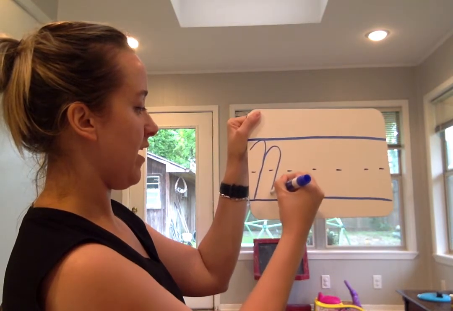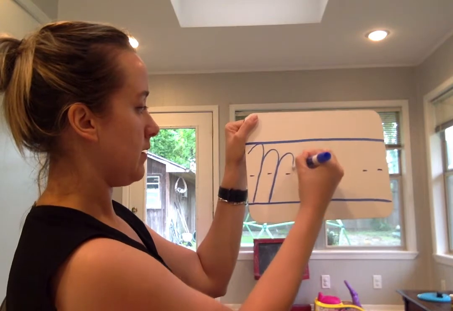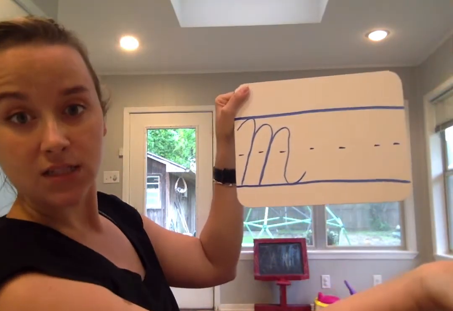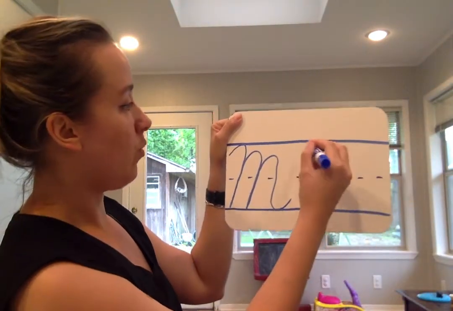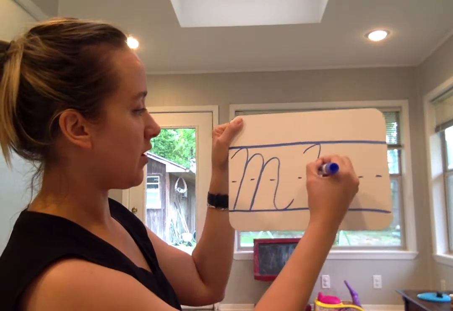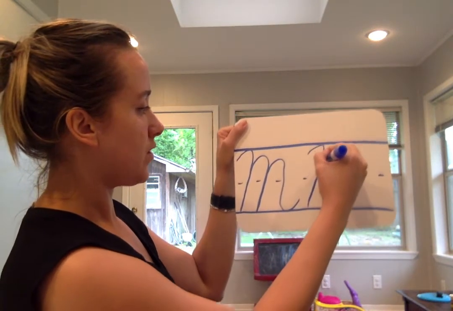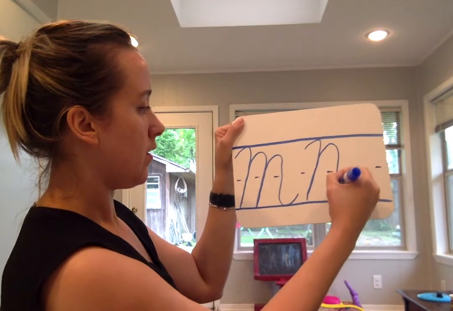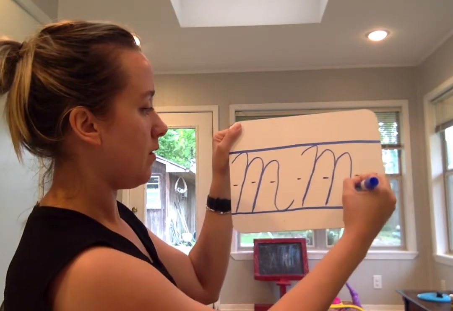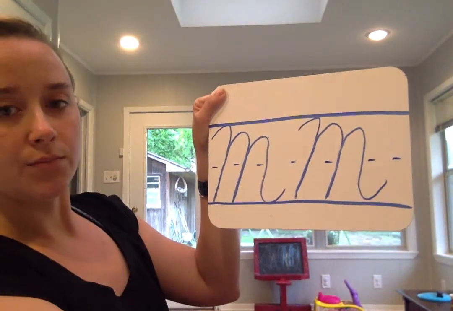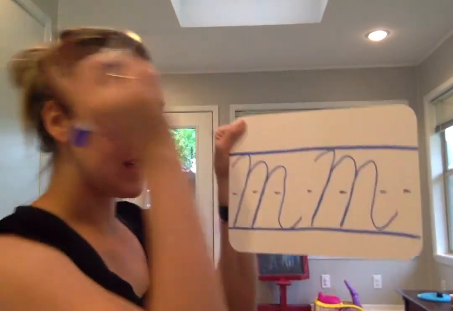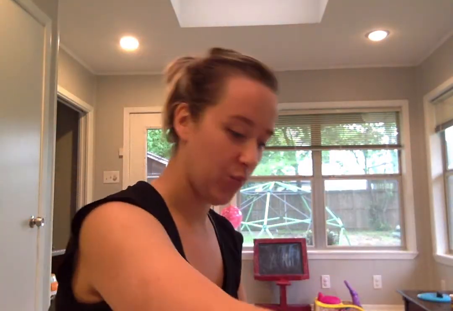My first hump of my M, follow it up. Second hump, voila. One more time. Shepherd's hook. First hump. Second hump. Beautiful. Okay, let's do one name and then we're done.